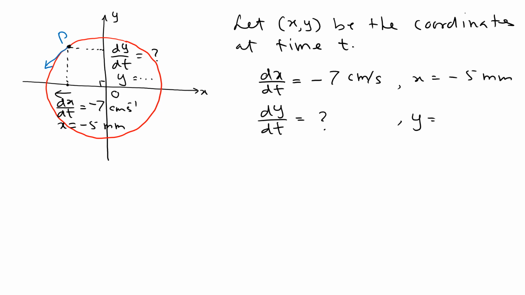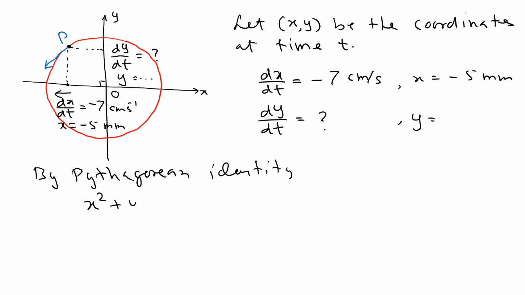So by the Pythagorean identity, we can write x squared plus y squared equals, here the radius is 13, so 13 squared.